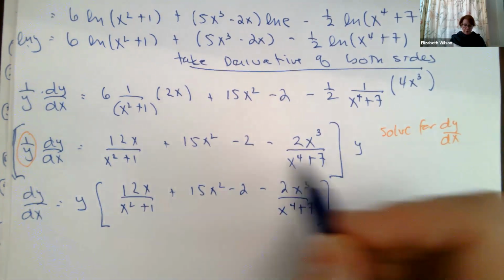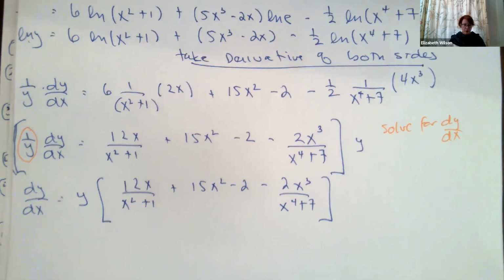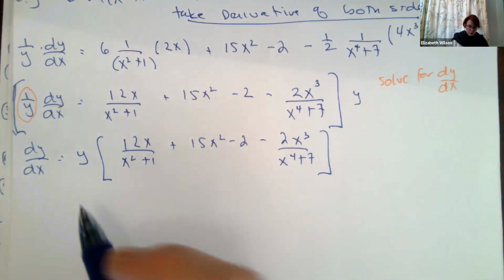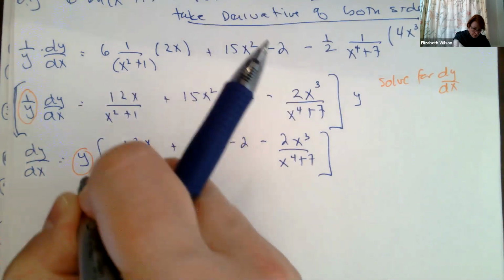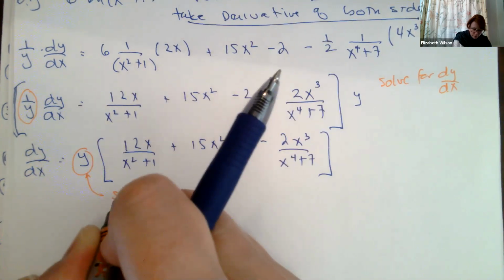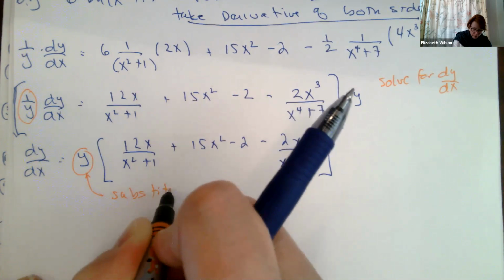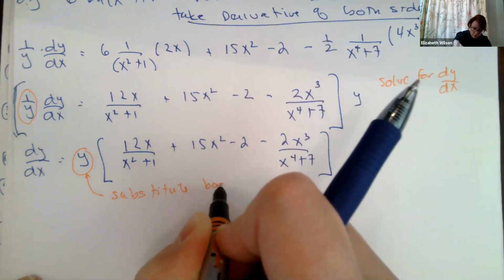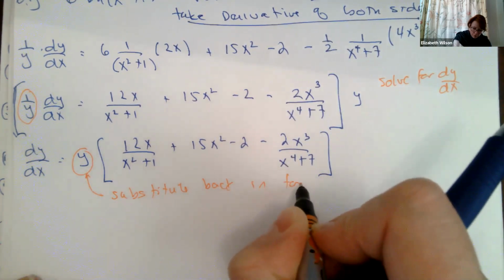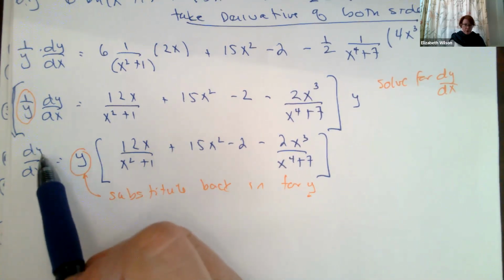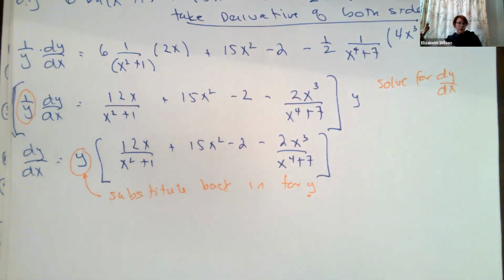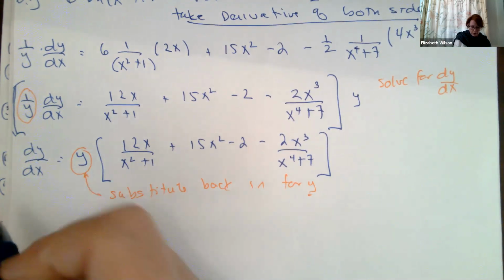I'll just move the y out front. Now I need to substitute back in for my y. Make sure you do that process so that our derivative is all in terms of x, and I don't have a y hanging around.